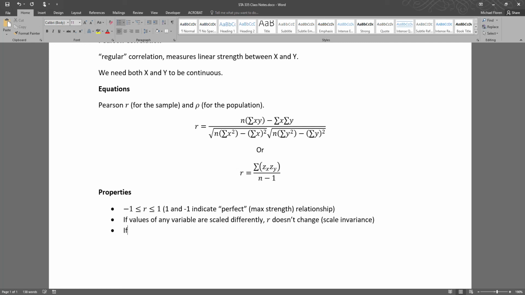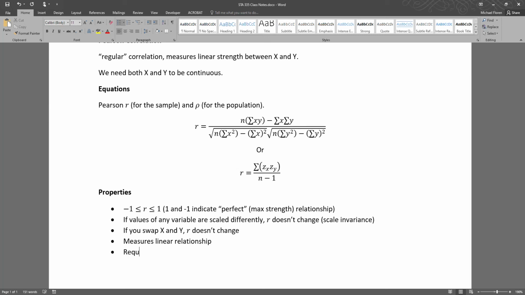Another handy property is if you swap x and y, so that is, you take your independent variable x and you list it as your dependent variable y, and then you switch y and make it x, the Pearson's correlation coefficient still doesn't change. Now note that R, recall, measures linear relationship, and only linear relationship.